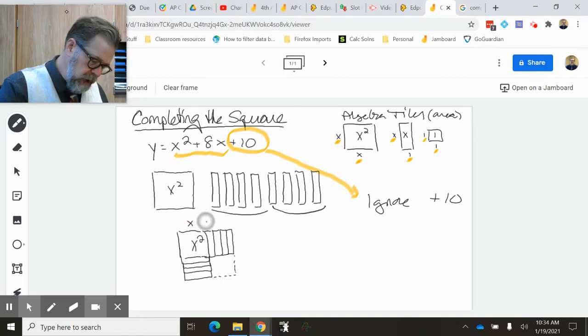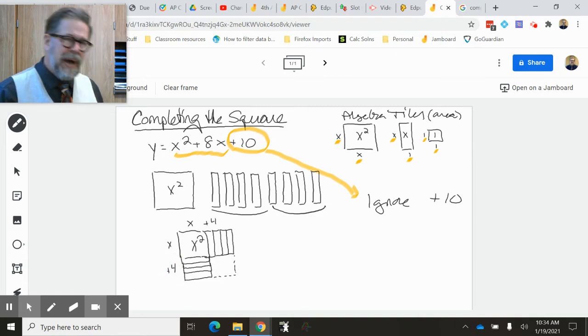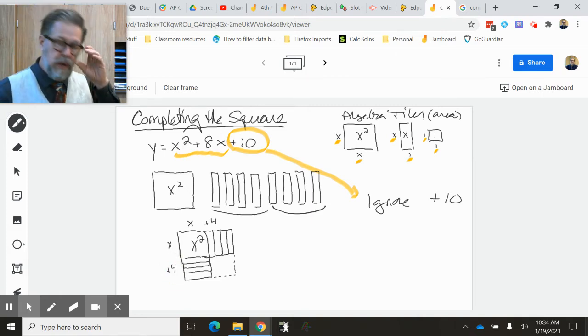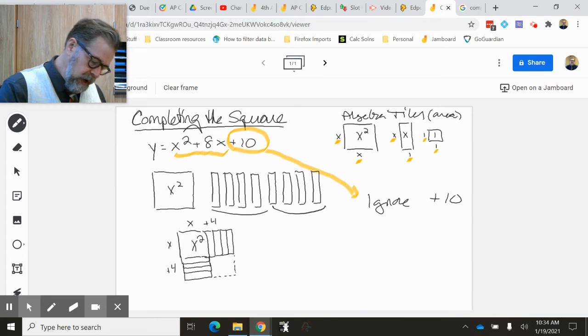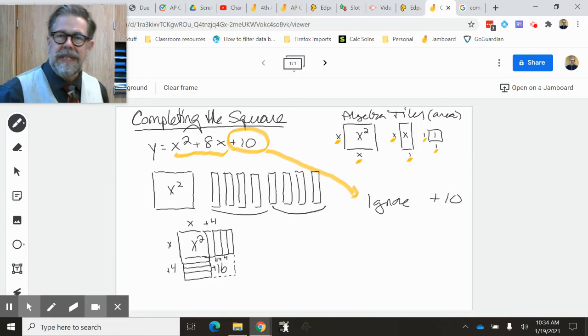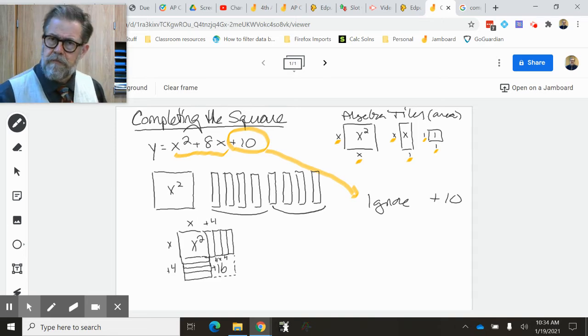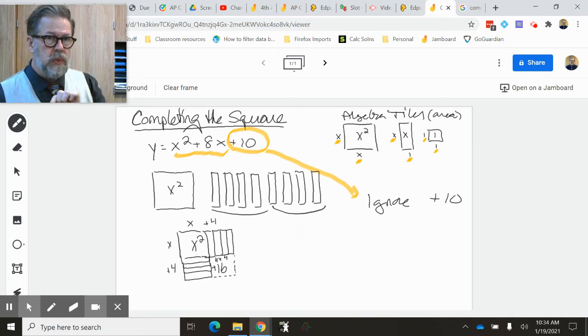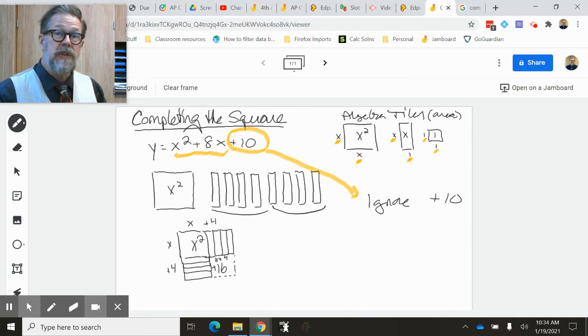This square would be x plus 4 by x plus 4. But the corner's not filled in. Well, what do I need to fill it in? This is a 4 by 4 square, so I need 16 unit tiles. Now, some teachers will tell you to take the 10 that you've got and plug them in there, and then you're missing 6.